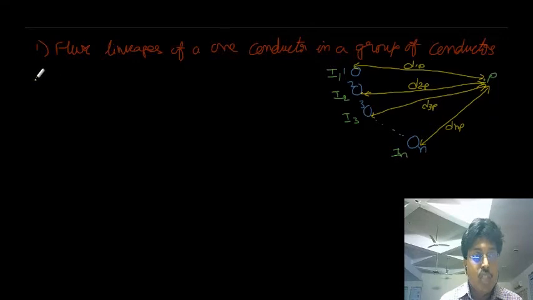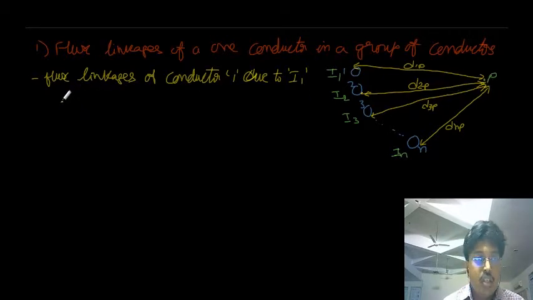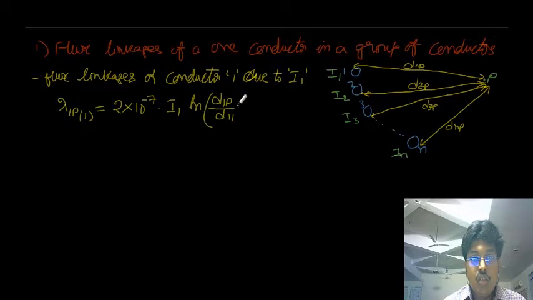First, I take the flux linkage of conductor 1 due to its own current I1, up to the remote point P. It is given as lambda 1P(1), which equals 2 into 10 power minus 7 into I1 into logarithm of D1P by D11, where D1P is the distance between conductor 1 and P, and D11 is the self distance of conductor 1.